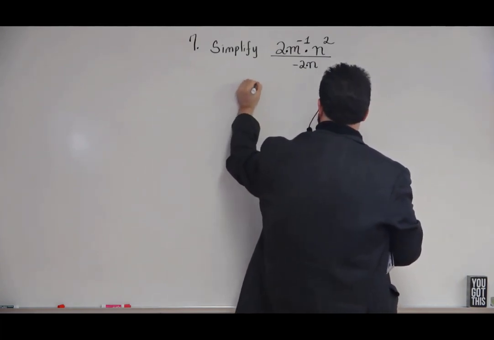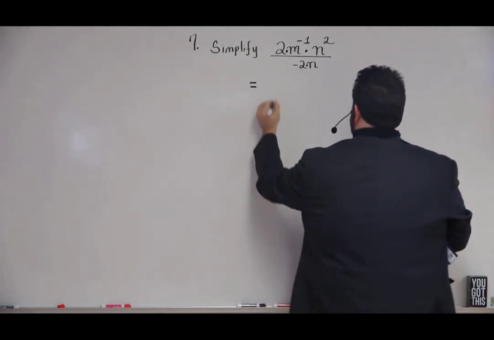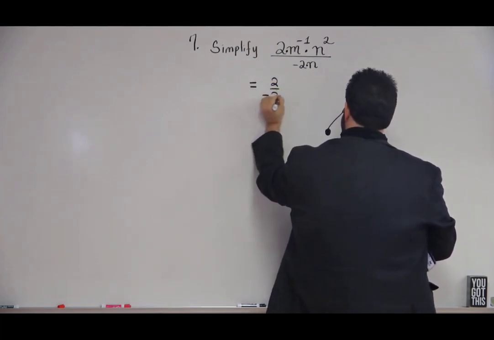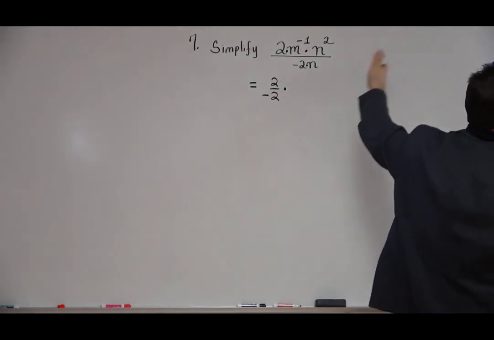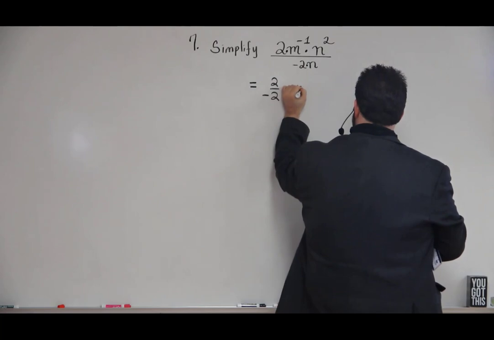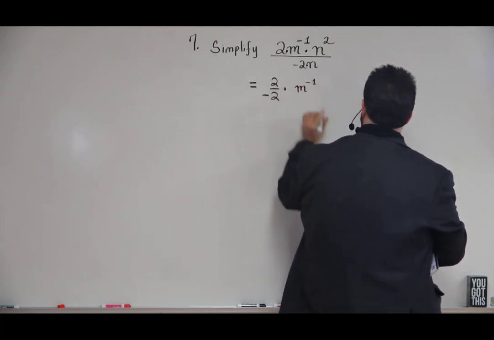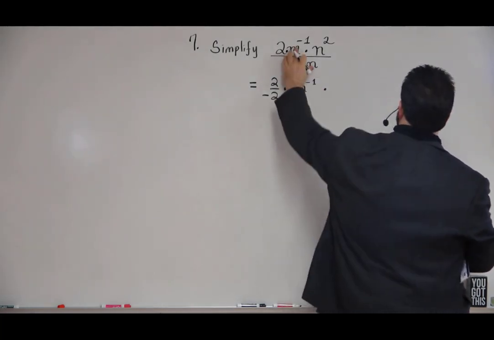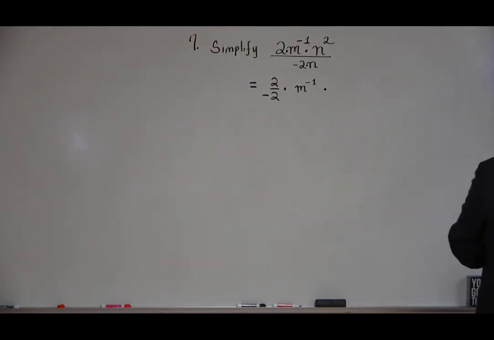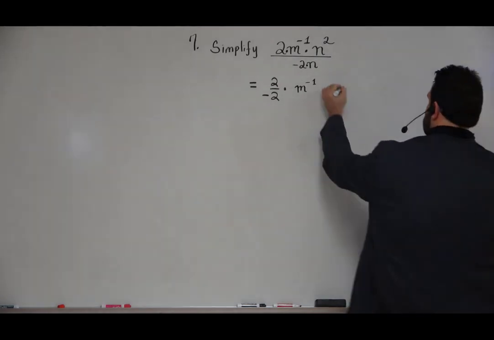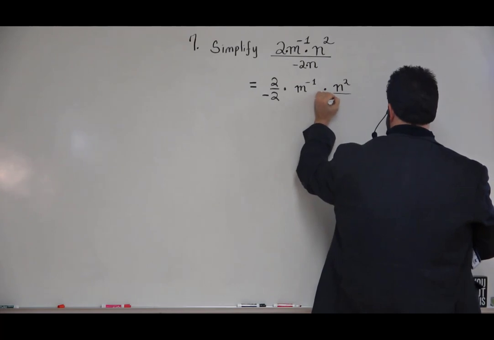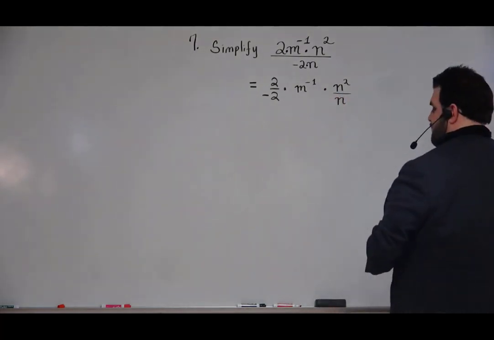And so here's how I'm going to choose to break this problem up. I'm going to have 2 over negative 2. So I've broken the problem up, pull those numbers out. Now I've got m to the negative 1, okay? I've pulled that m to the negative 1 out all by itself. Then I've got n squared over n.